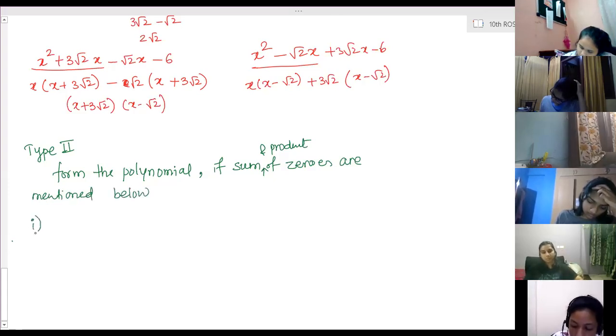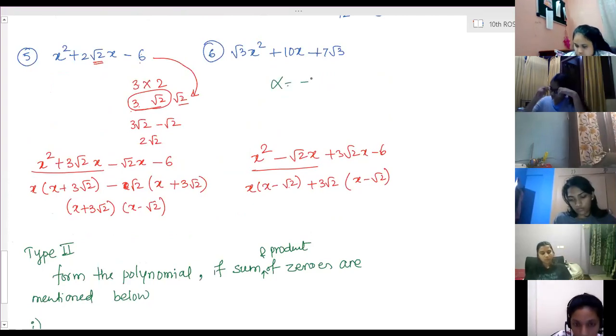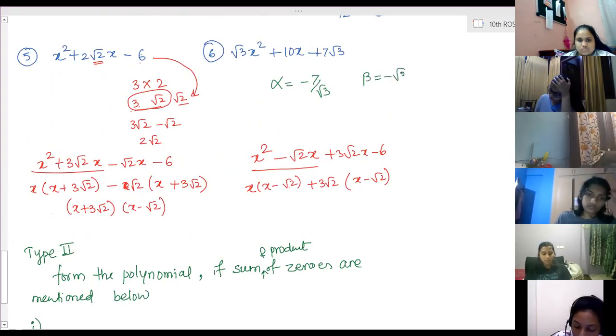Ma'am, for the sixth one, the answer will be alpha is equal to minus 7 by root 3 and beta is equal to minus root 3. Okay, ma'am. That's right.